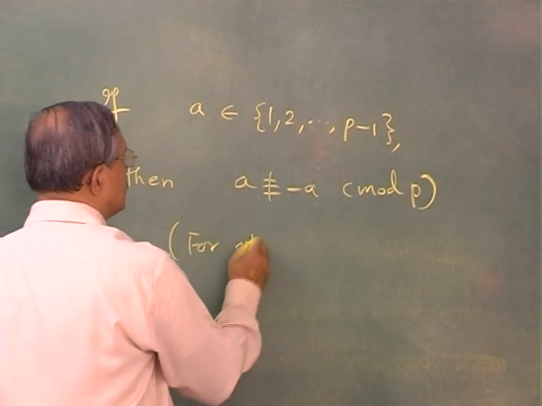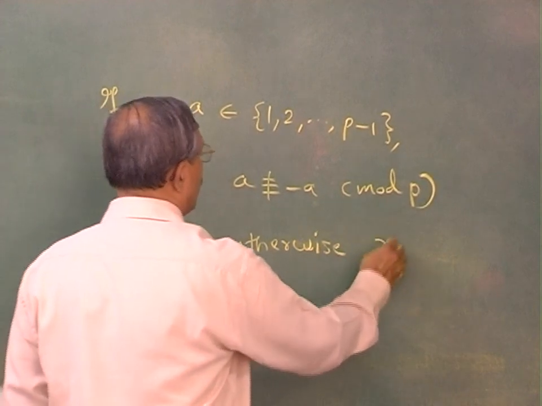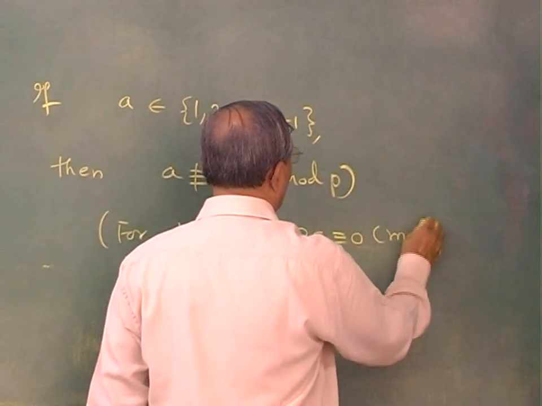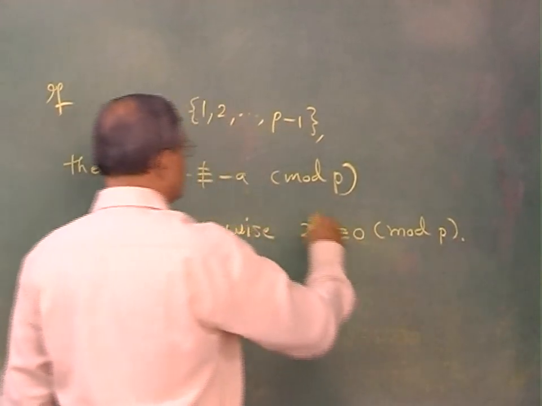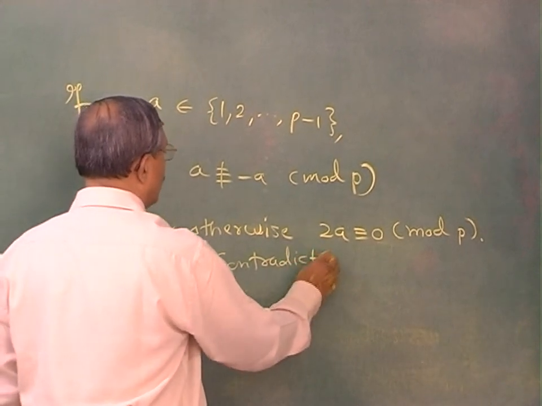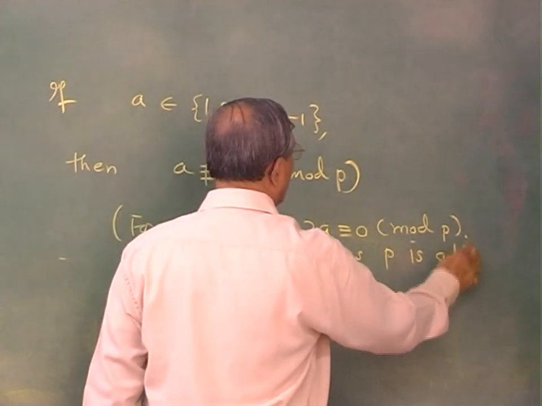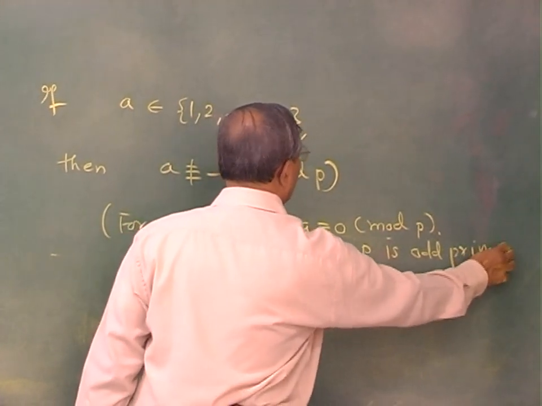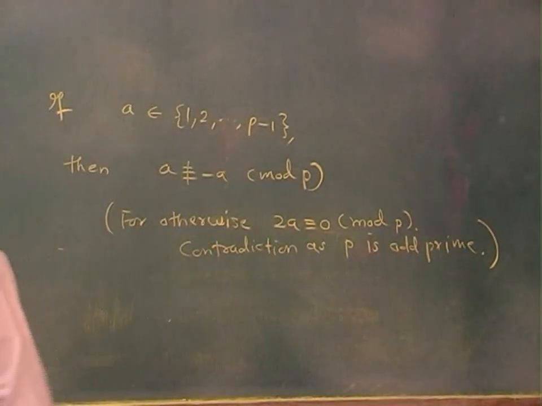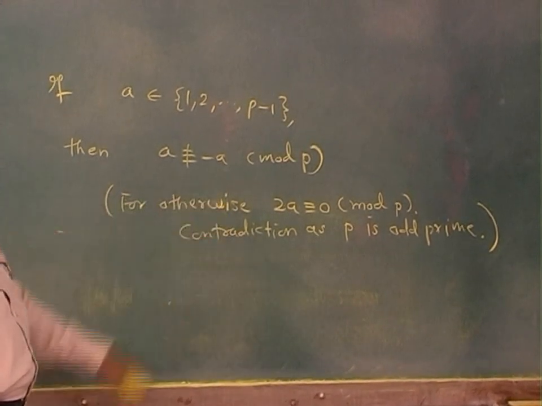And this is a contradiction as p is odd prime. So these are unequal.